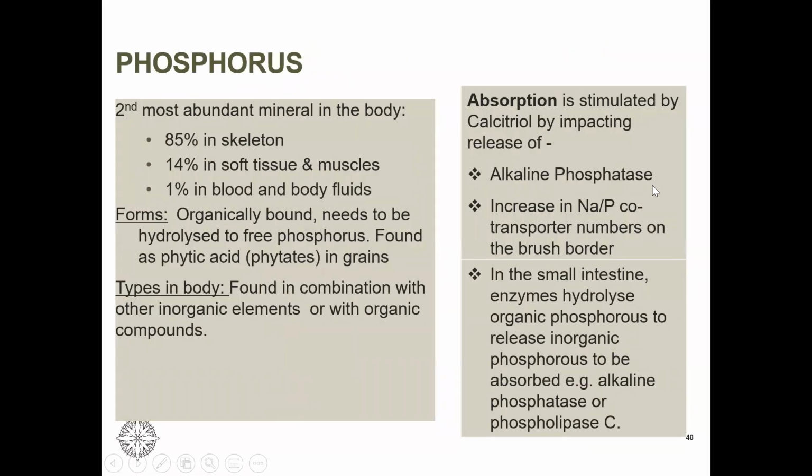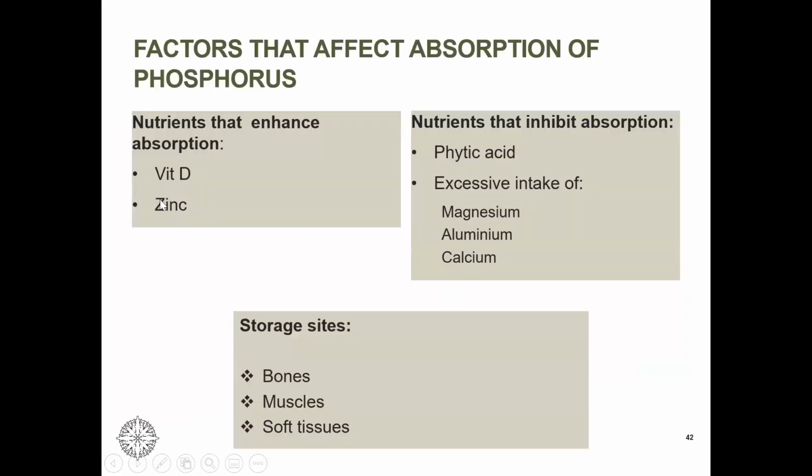Remember this alkaline phosphatase? This was used to break away the phosphate bond in one of the water-soluble vitamins. This is the one that needs zinc. That's why zinc is an agonist.